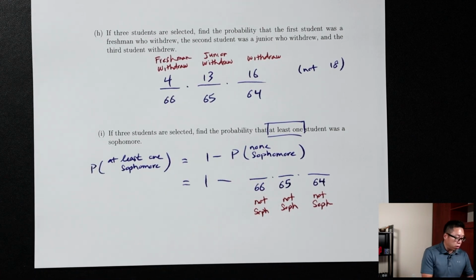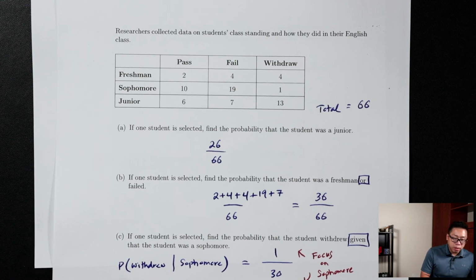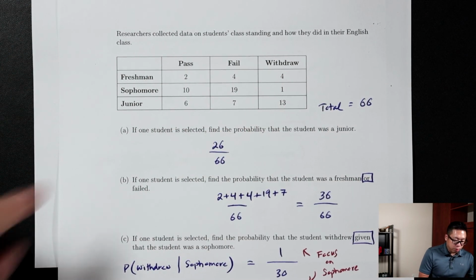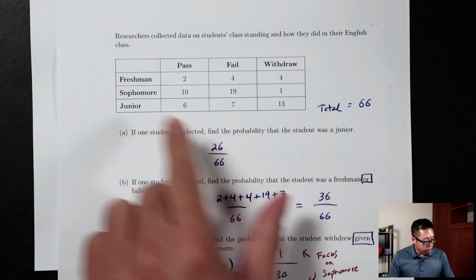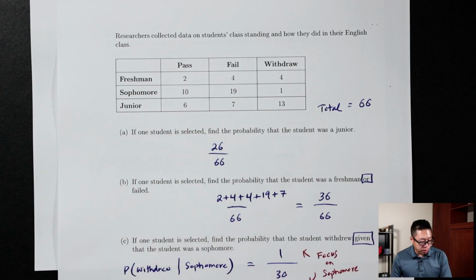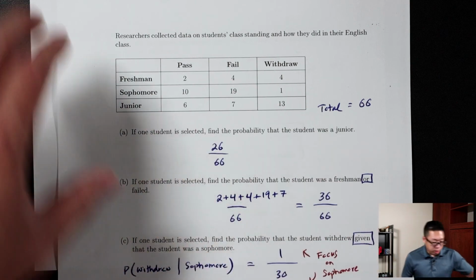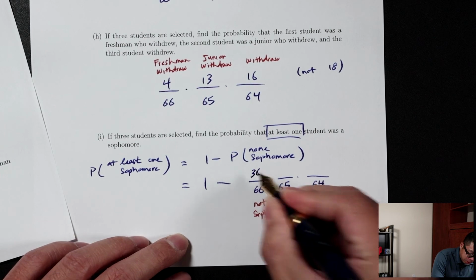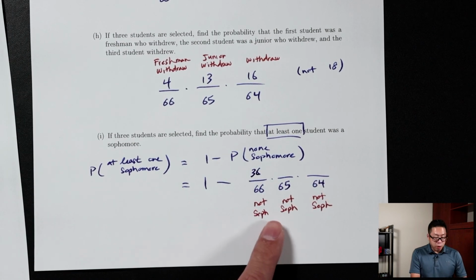For the top, I'm looking for the not sophomores. Not sophomores are all the freshmen together with all the juniors. So the first and last row. First is 2 plus 4 plus 4, plus 6 plus 7 plus 13. That's 36. Second fraction, I also want to be a not sophomore.